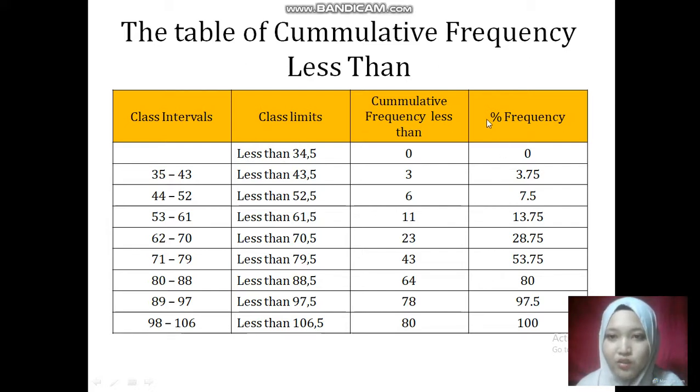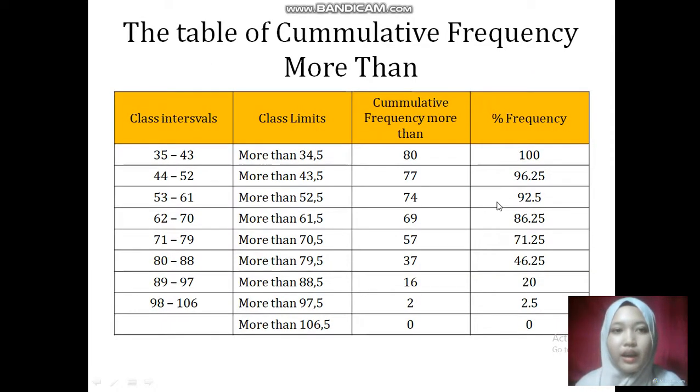And then how to find the percent frequency is like this. For example, 6 divided by 80 times 100%. The way is just the same as before. So 6 divided by 80 times 100% equals 7.5.